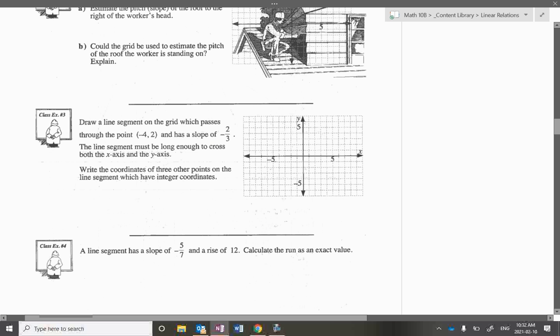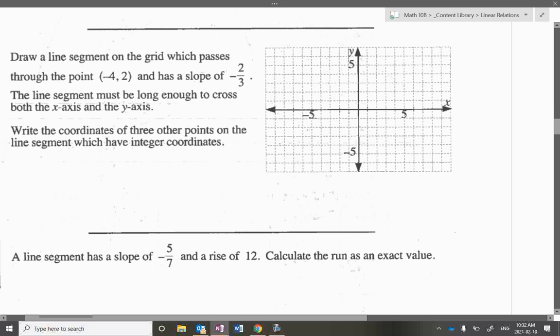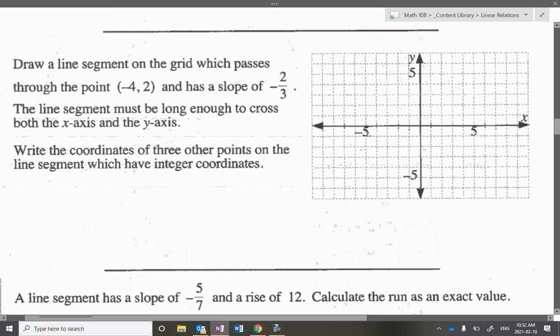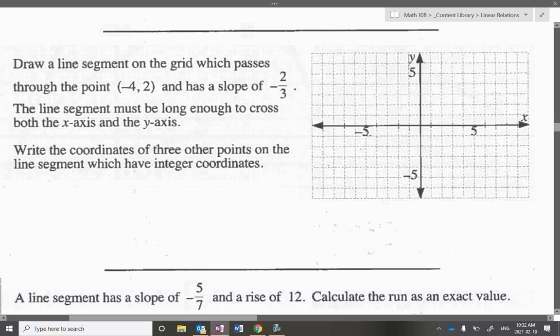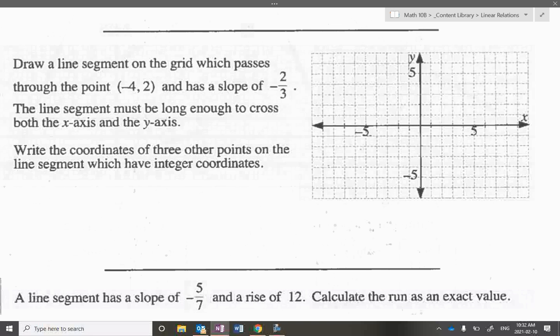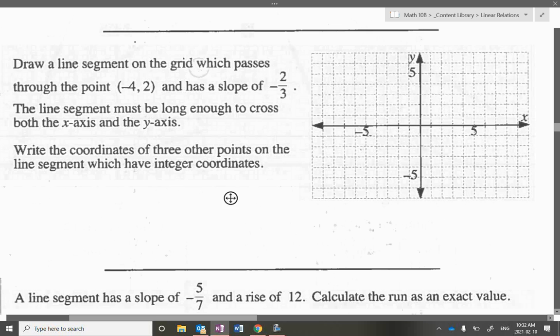Okay, we're going to skip class example 2 because I don't think it's printed very well. So class example 3: draw a line segment which passes through the point (-4, 2) and has a slope of -2/3. So we're given a couple things here. First off, let's do a quick review.